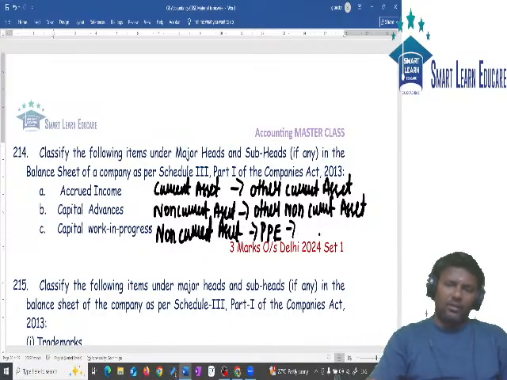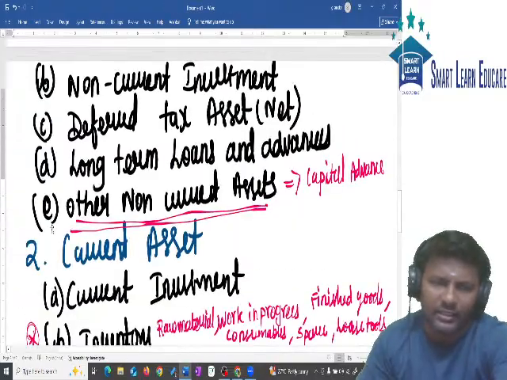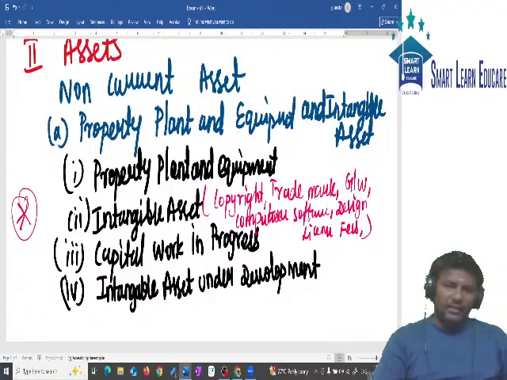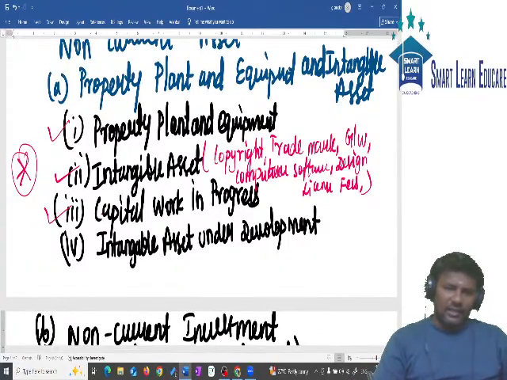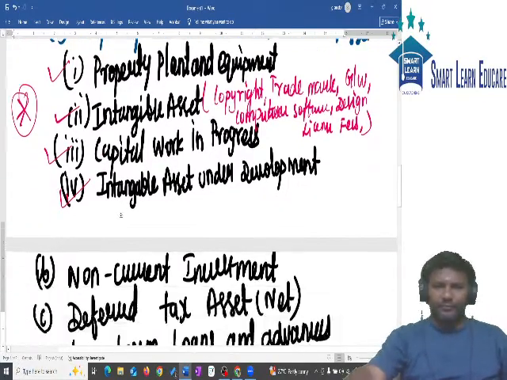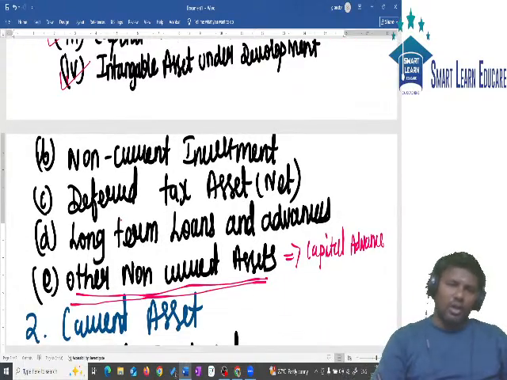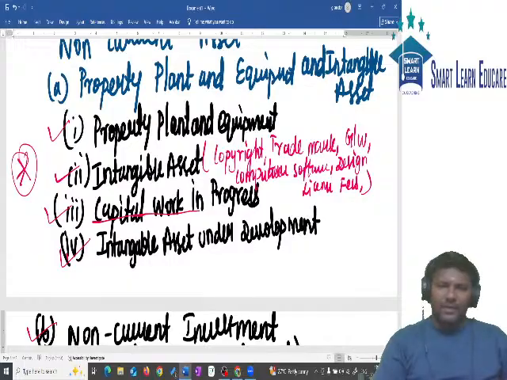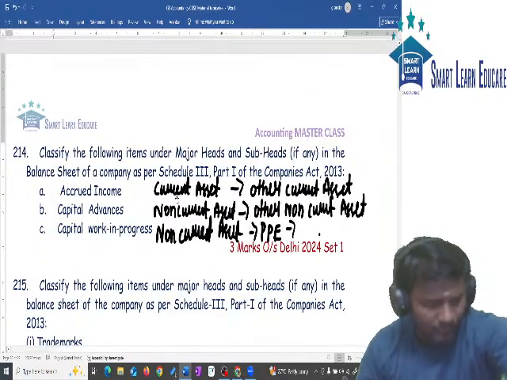Under PPE alone, the following things are there: property, plant and equipment, intangible asset, capital work in progress, and intangible assets under development. And also non-current investment, deferred tax liability, long-term liability, other non-current asset. Here there is a separate disclosure for capital work in progress.